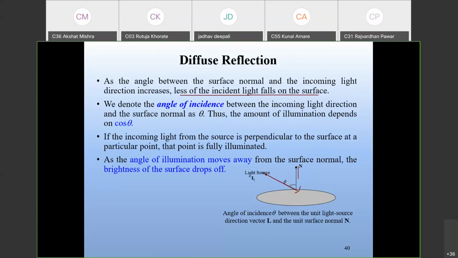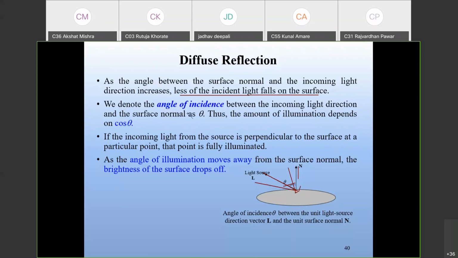If the light source comes from here, it increases the value of theta. If it is from here, it decreases the value of theta. If this angle increases, less of the incident light falls on the surface.